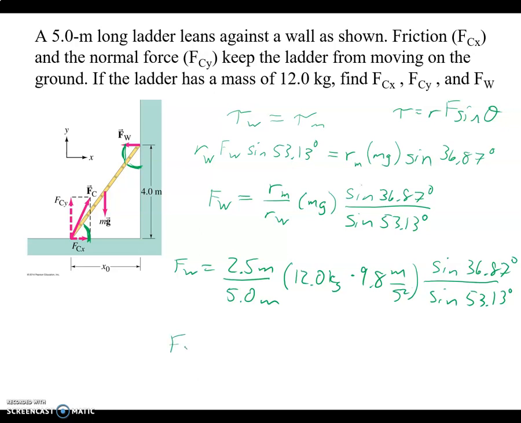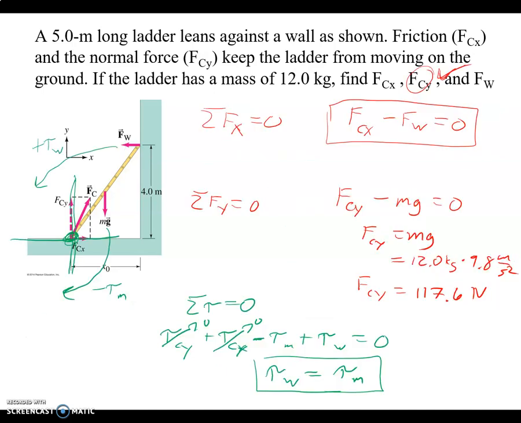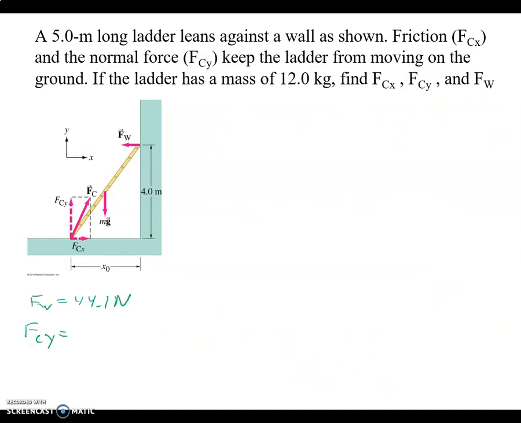I get that the force from the wall on the ladder is 44.1 newtons. Okay, so far I have that the force due to the wall is 44.1 newtons, and we saw that our normal force earlier was 117.6 newtons.